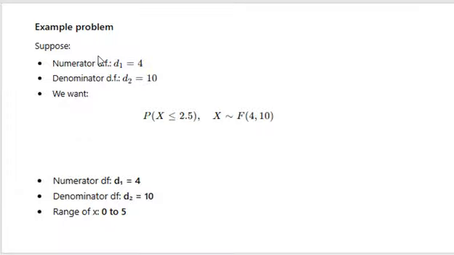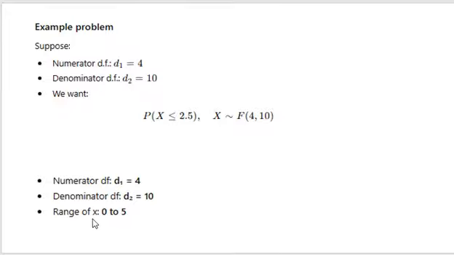The first example is that we have d1 equals 4 and d2 equals 10, and I want to calculate the probability for x smaller than 2.5. In the other example, I introduce a different concept about the cumulative density function, and this difference is related to x.